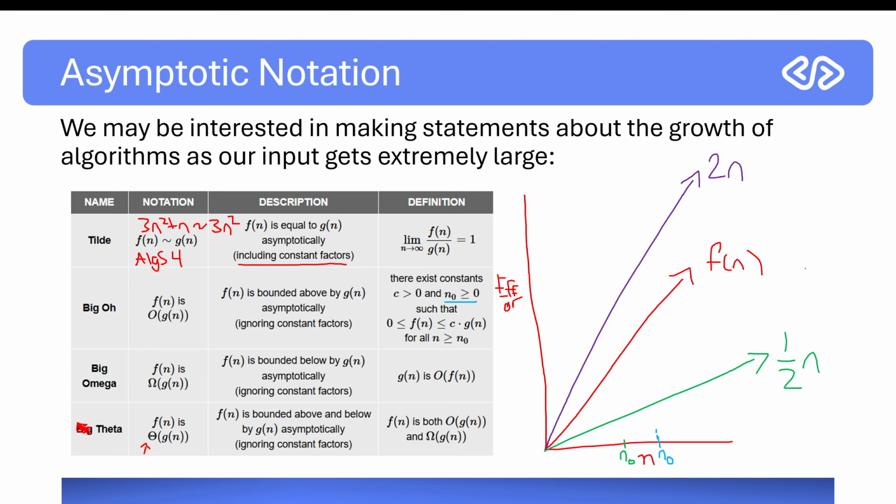Now I can say, since I have a function that's always on top, that's going to be my big O piece, and I have something that's always under it. So now I can just say, this is tightly linear. This is the best I can do in terms of describing this thing, because essentially it's just a straight line. So I can just say it's always going to be a straight line. That's what big theta is. You're just saying it's always going to be around linear. So that's tight bounds.